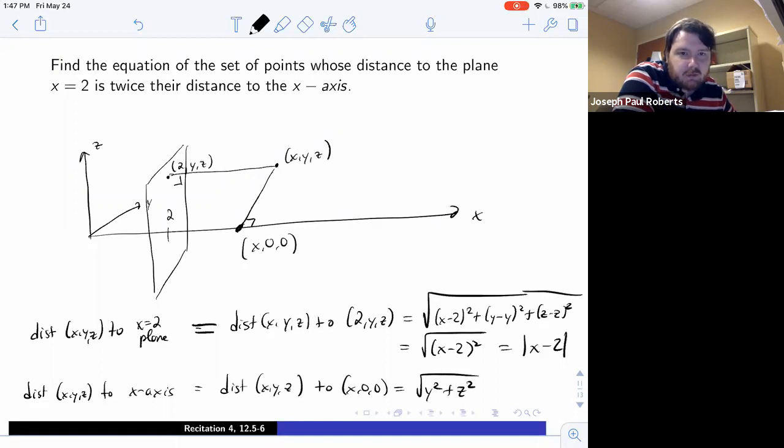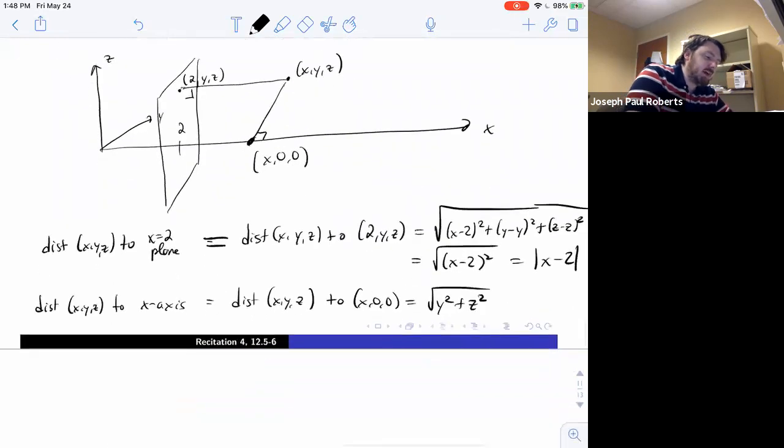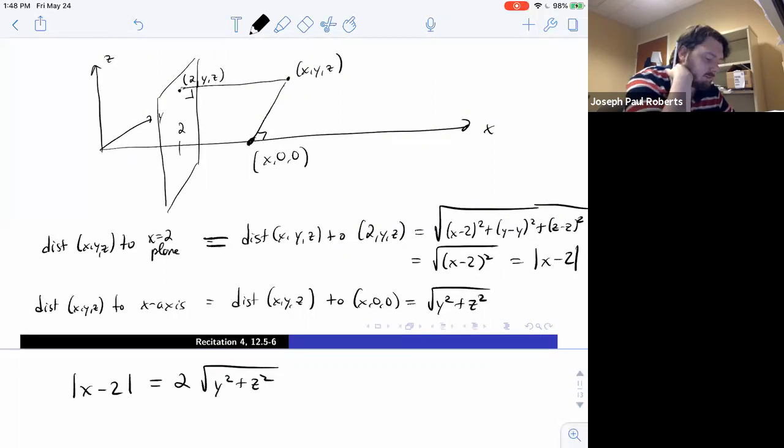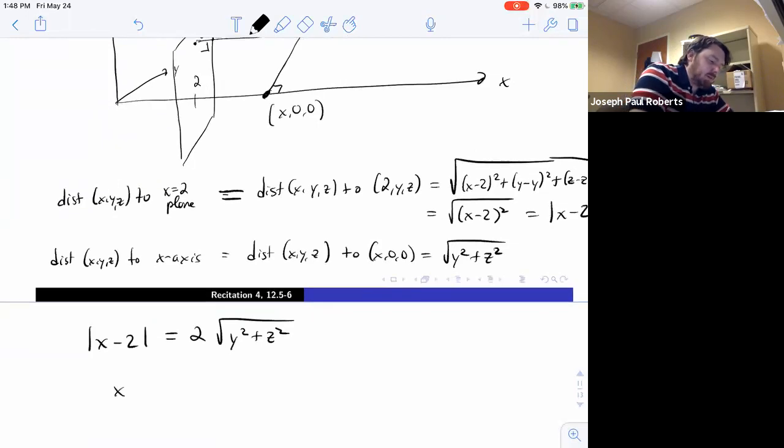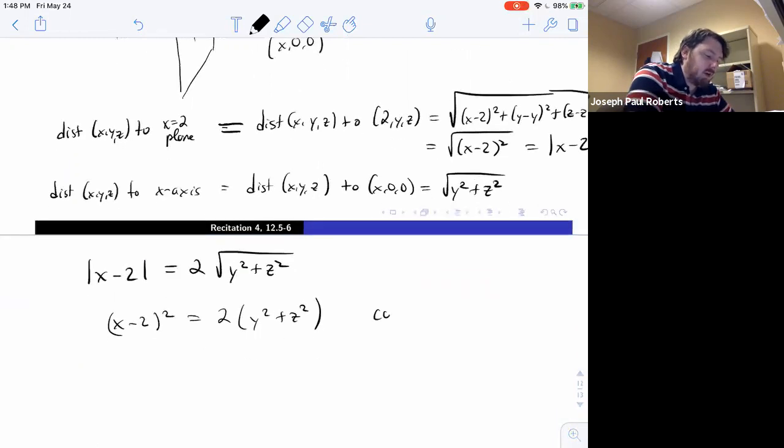So find the equation of the set of points whose distance to the x equals 2 plane is twice the distance to the x-axis. We take that sentence and change it into an equation. Distance to x equals 2 is twice distance to x-axis, which you could then rewrite as x minus 2 squared equals 2 times y squared plus z squared, which is a cone around the x-axis.